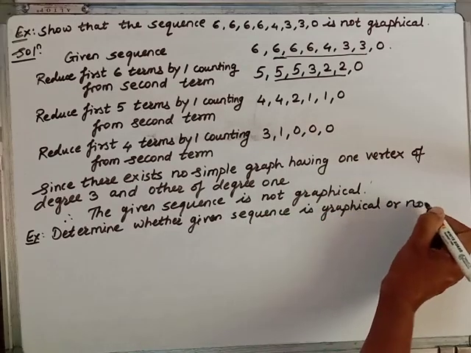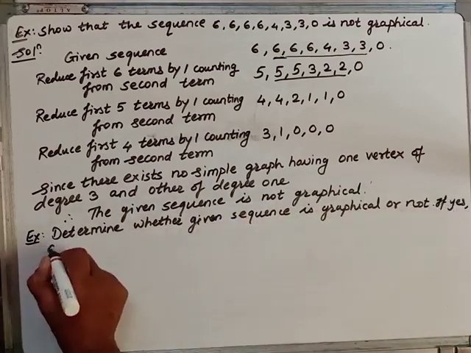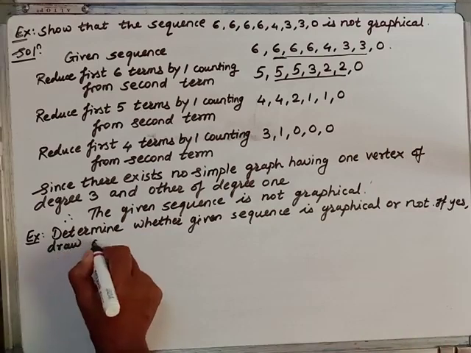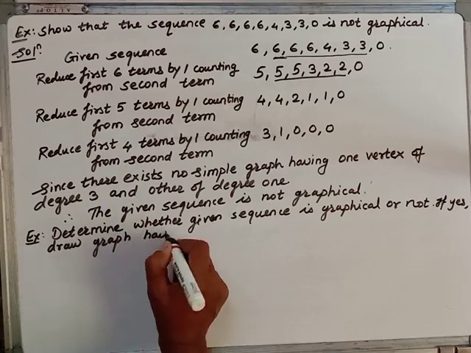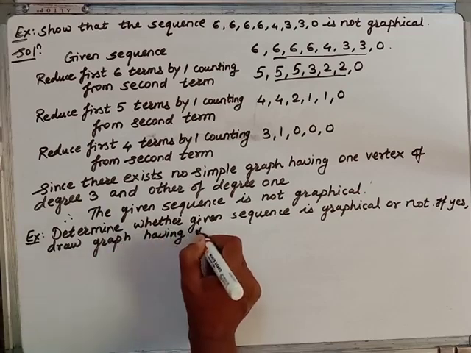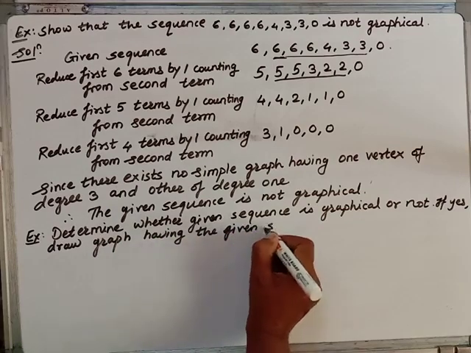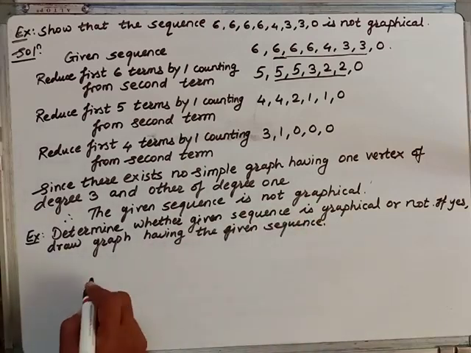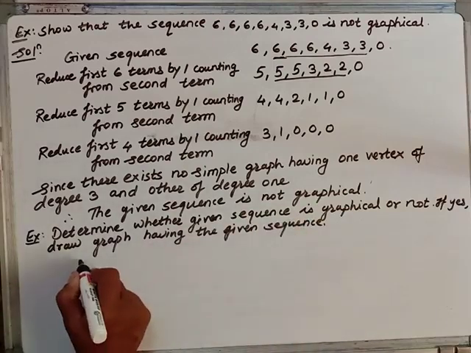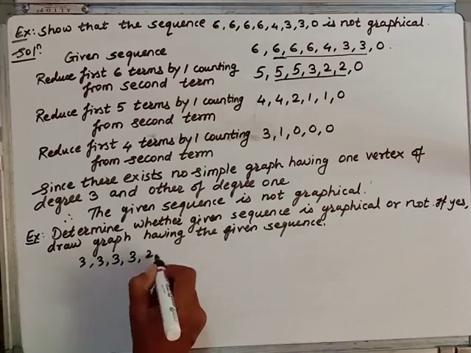If yes, draw a graph having the given sequence. Suppose the sequence with us is 3, 3, 3, 3 and 2.